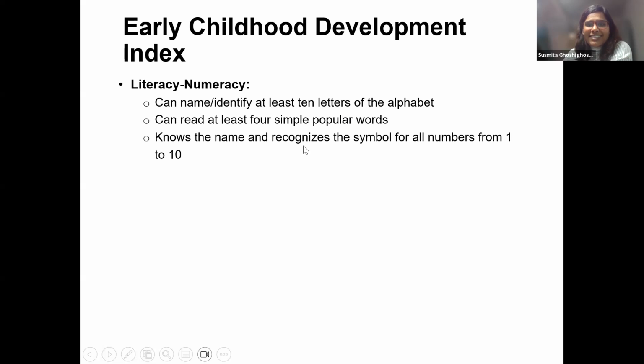If the child can do 2 of these 3 activities, then we can say the child is developmentally on track for literacy and numeracy.